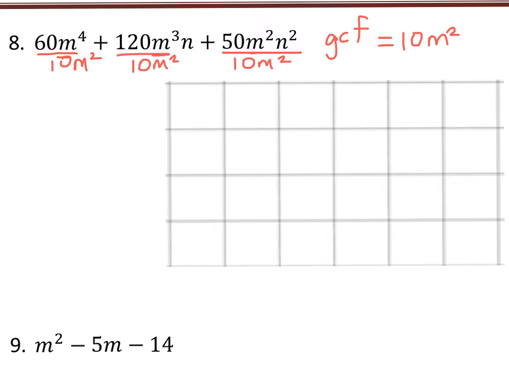And when I do that, 10 goes into 60 6 times. And m to the fourth over m squared makes that m squared. And then 10 goes into 120 12 times.